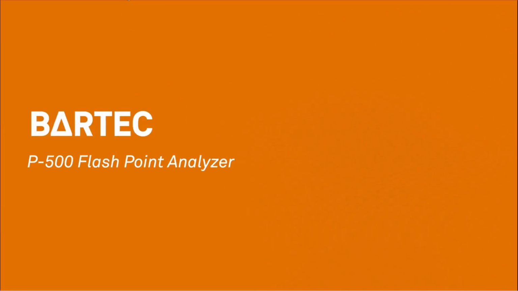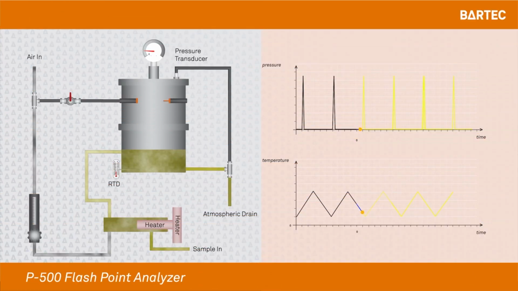The P500 is a cyclical analyzer. Both air and sample continuously flow through the measurement cell or the flash cup. The sample passes by a heater that increases the temperature of the sample before reaching the flash cup. At the beginning of the measurement, the electrodes are cleaned by igniting the spark plug and the transducer is zeroed.